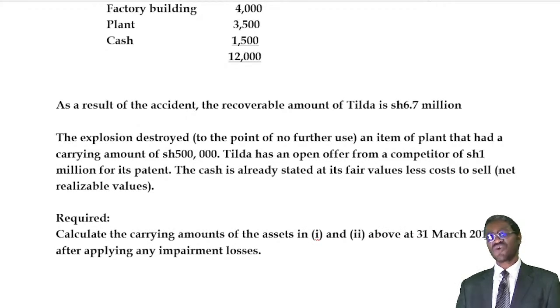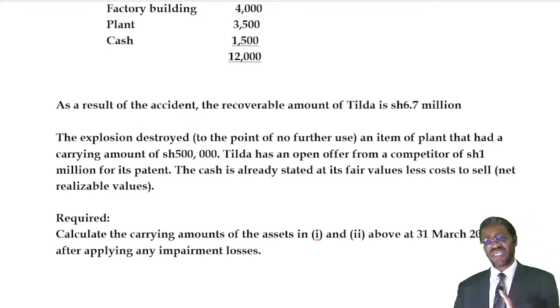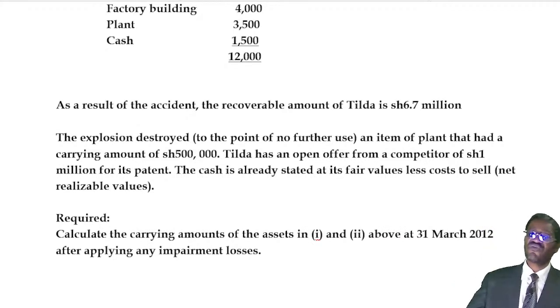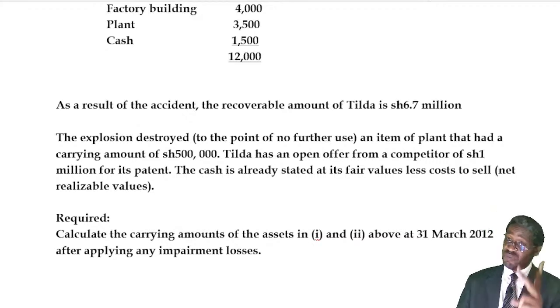The cash is already stated at its fair value less cost to sell, net realizable value required. Calculate the carrying amount of the assets in 1 and 2 above as at 31st of March 2012, applying any impairment losses.